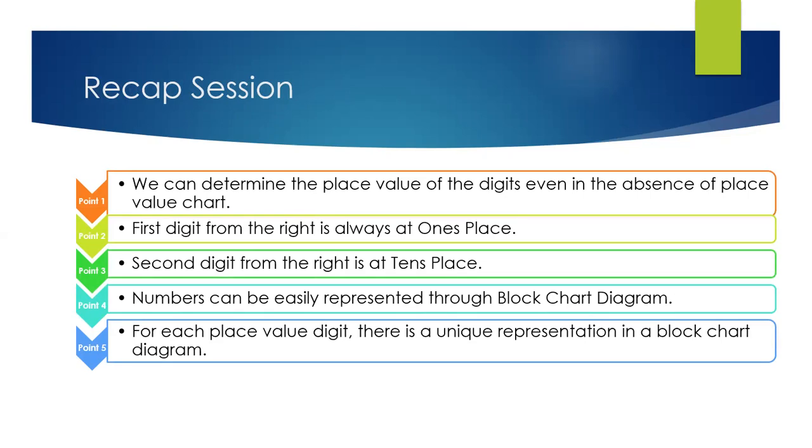So each positional value can be represented by a specific building block through which we can analyze the numbers. And lastly, we have seen that for each place value digit, there is a unique representation in a block chart diagram. Now that's all with today's lesson.